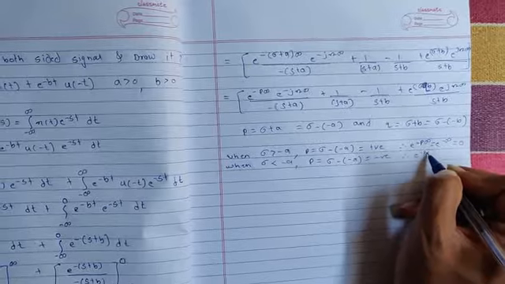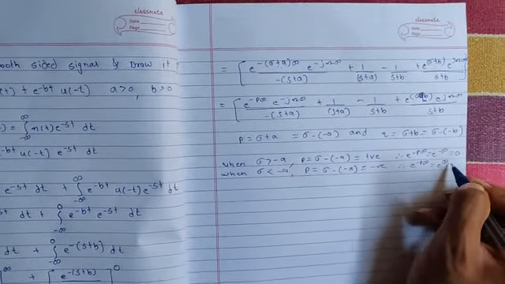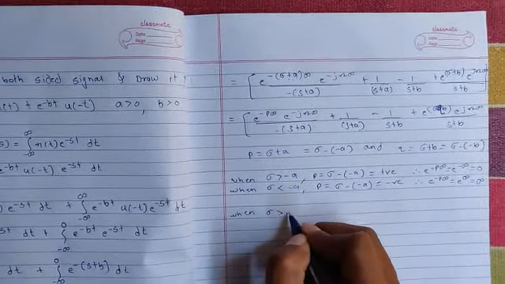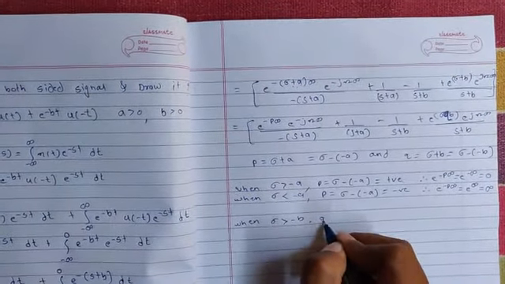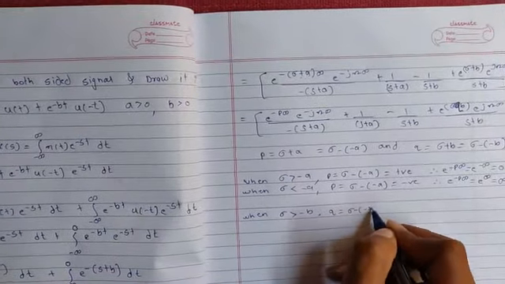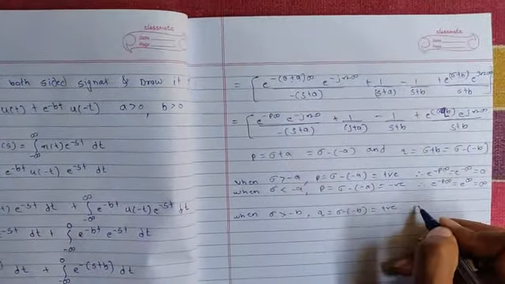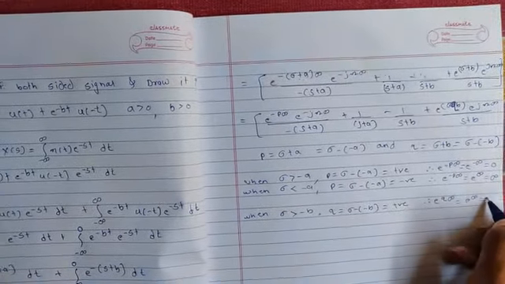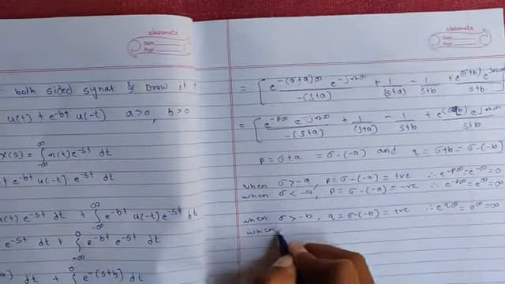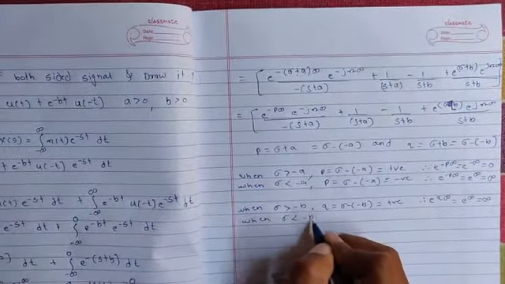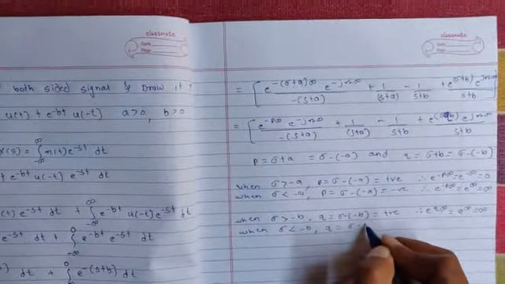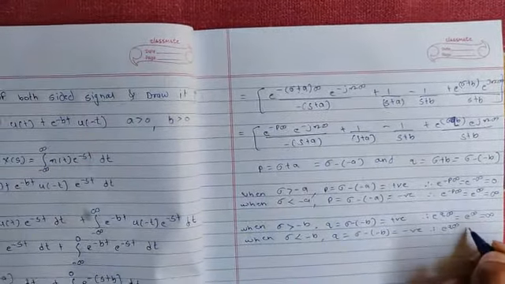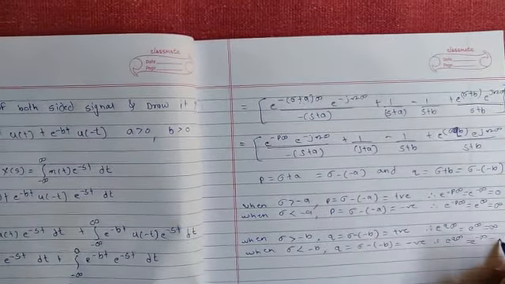Therefore e^(-p∞) is equal to e^(∞) is equal to infinity. And when σ is greater than -b, q is equal to σ minus of minus b is equal to positive. Therefore e^(q∞) is equal to e^(∞) is equal to infinity, and when σ is less than -b, q is equal to σ minus of minus b is equal to negative. Therefore e^(q∞) is equal to e^(-∞) is equal to 0.